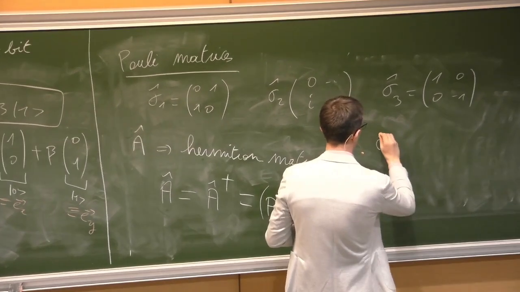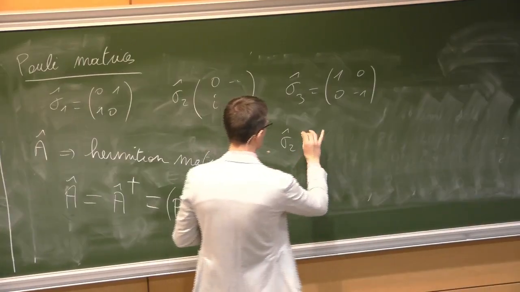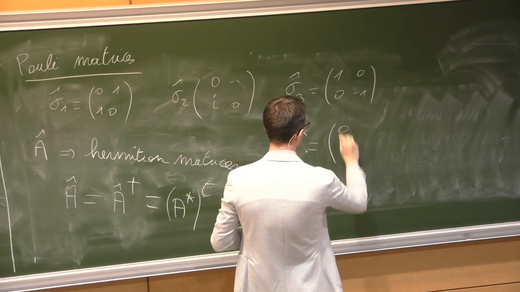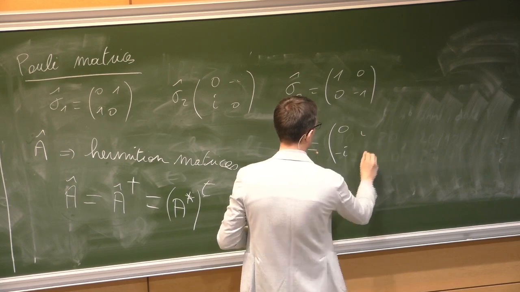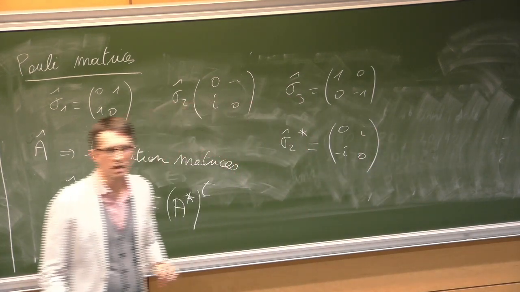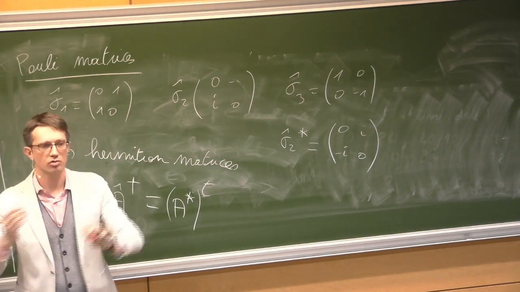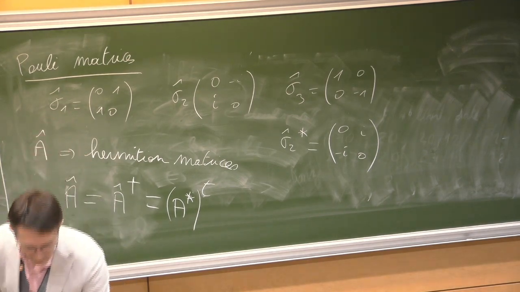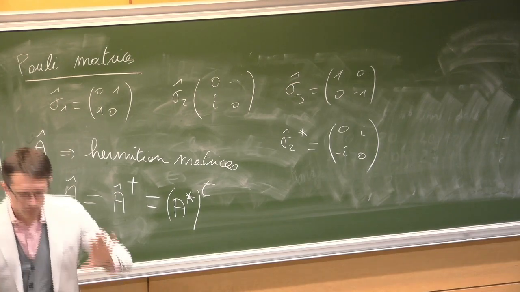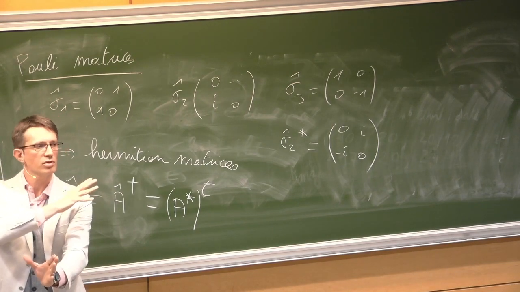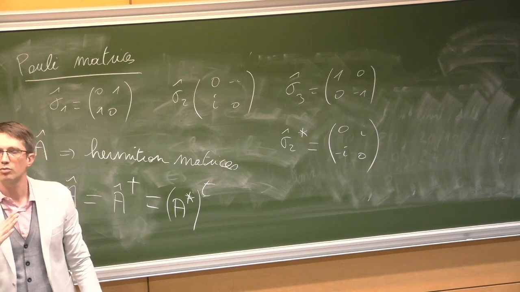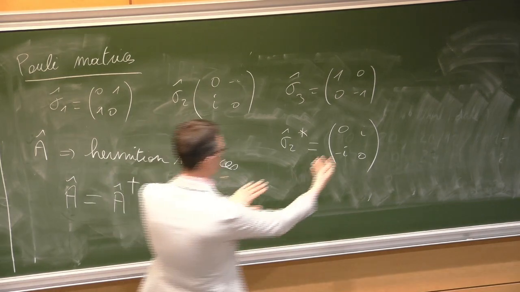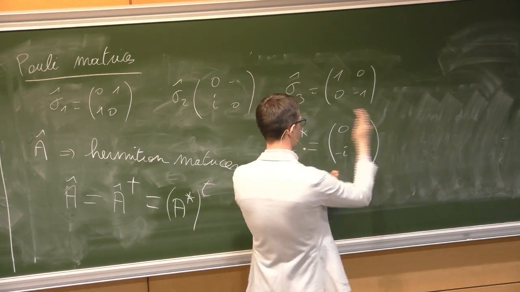So with sigma 2, if I take the complex conjugate of sigma 2, I have 0, minus i, i, 0. And then I take the transpose. The transpose is basically taking the symmetrical of your matrix with respect to the diagonal. So in 2D it's very easy, I will just switch that.